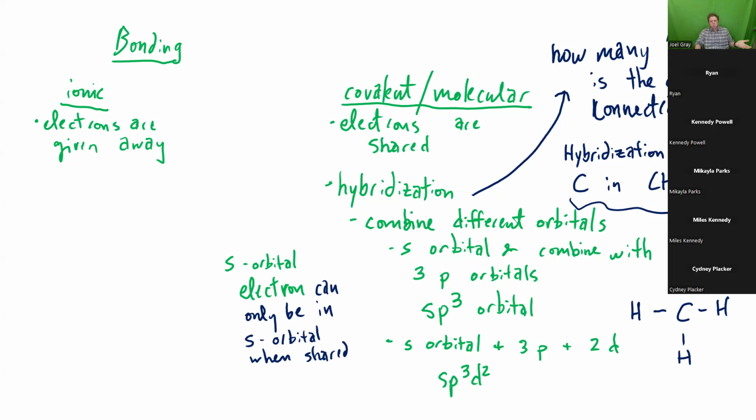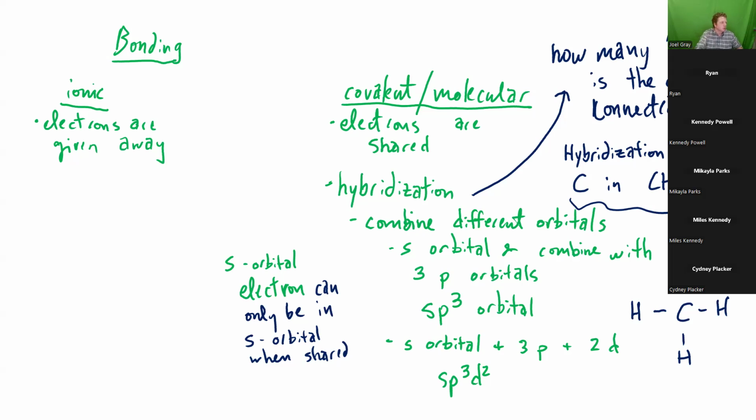In this case, those things are hydrogens. So how many things is that central carbon connected to? Got 4. Yeah. So it's connected to 4 things.